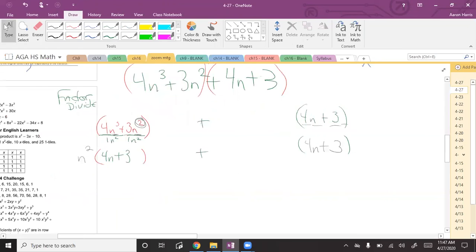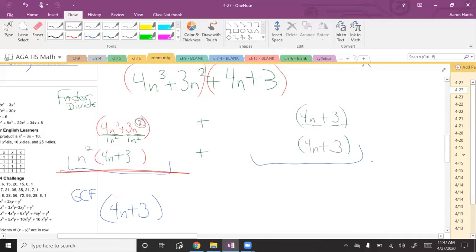And this is true for every single time you do a grouping in one of our problems. What do you notice? 4n plus 3. There you go. So that becomes your what? Your GCF. Good. And what do we do with GCFs? Divide. So 4n plus 3.